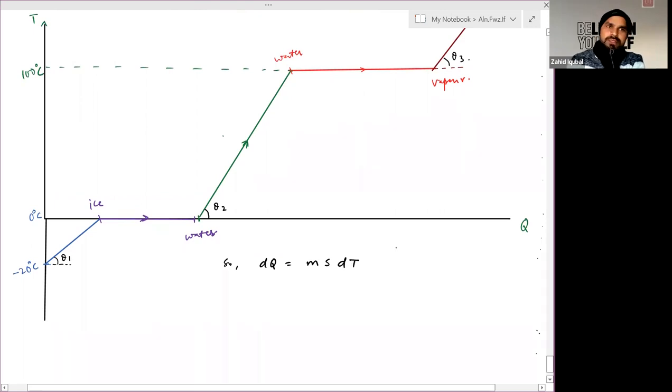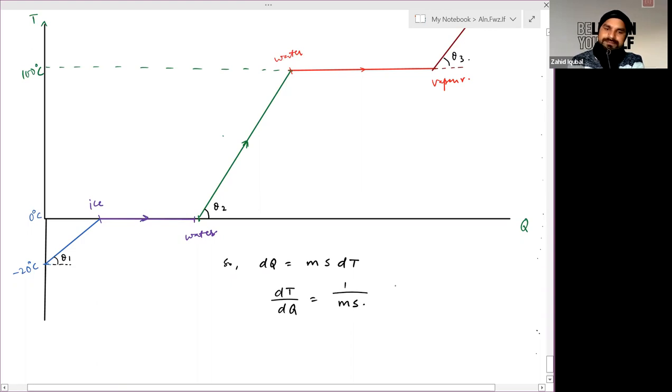Now, in this particular curve, we have the vertical axis as temperature and the horizontal axis as heat. So take temperature in the numerator and heat in the denominator. So on rearranging this equation, you may write dT divided by dq equals 1 by m into s.